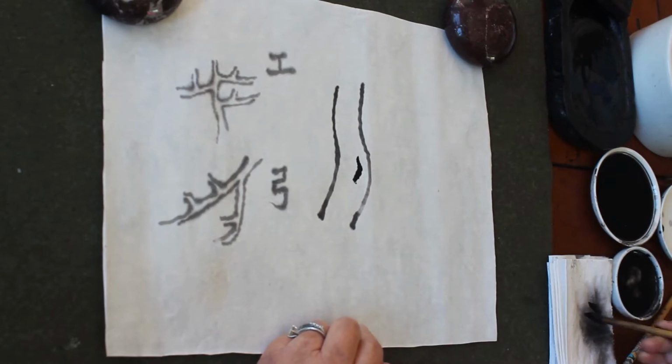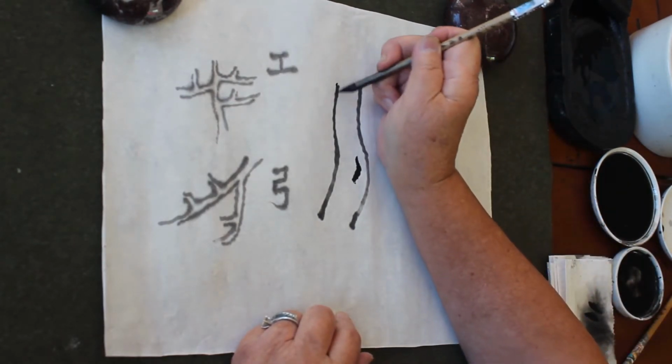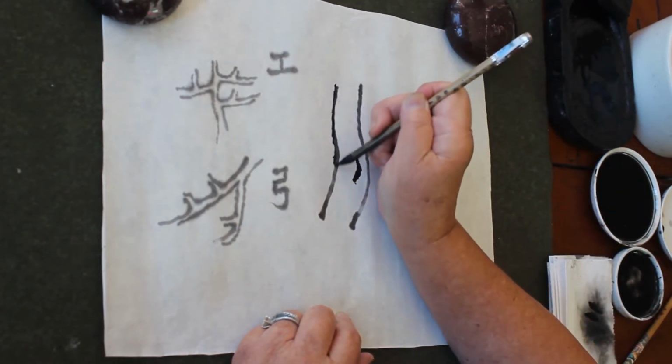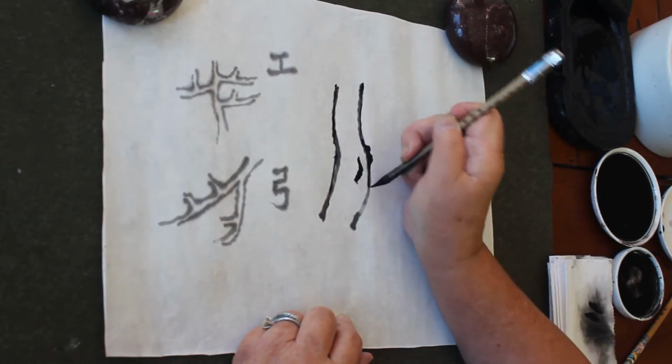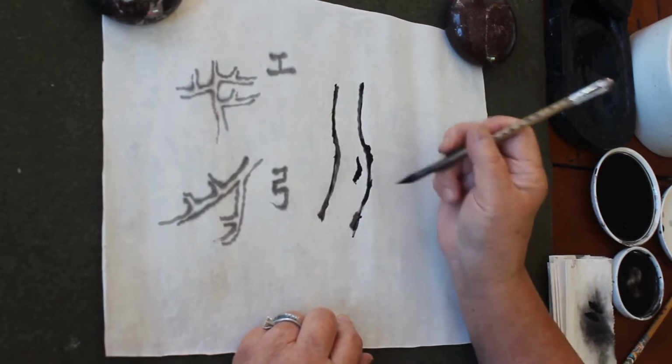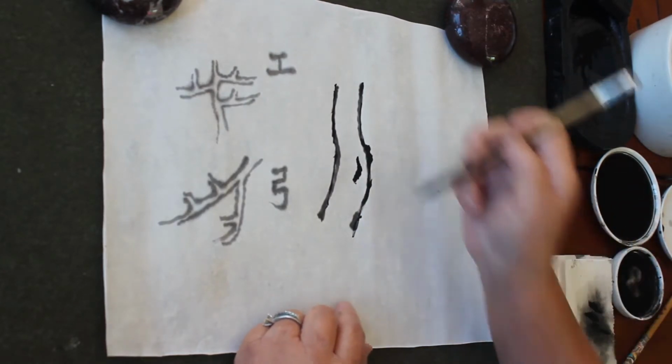But on the tree, they have something special that looks special. On the tree, they have a scale.